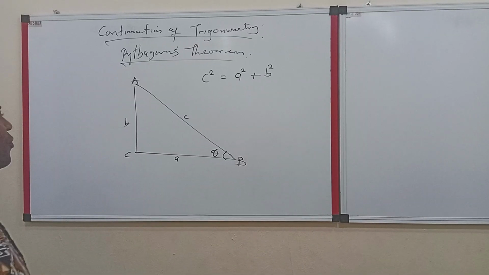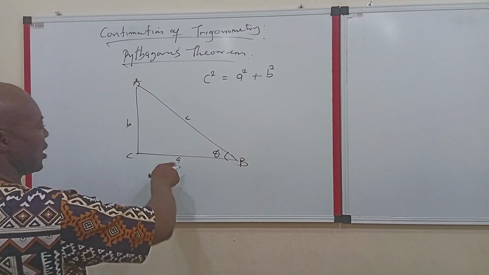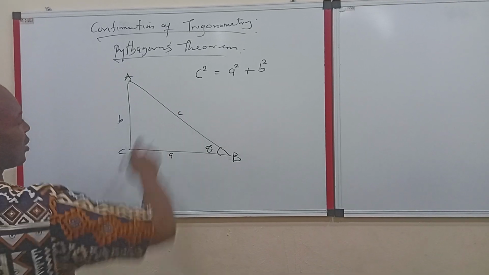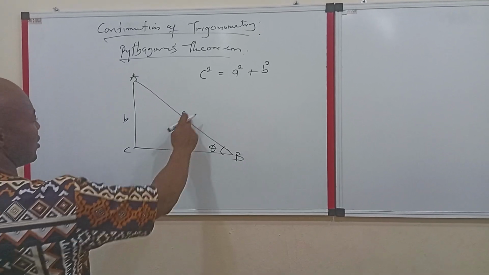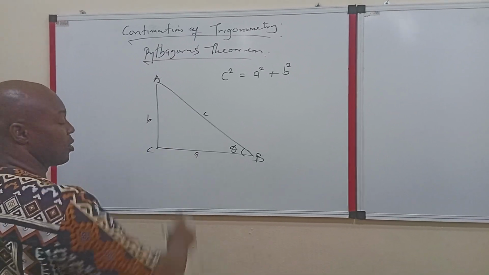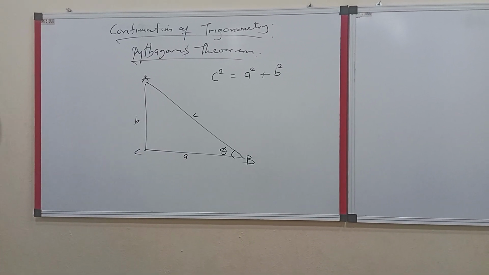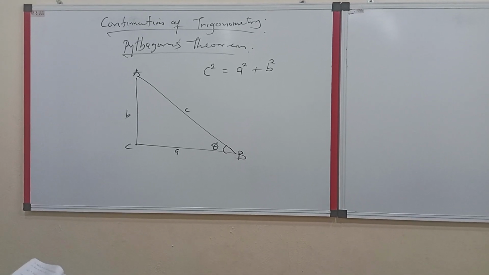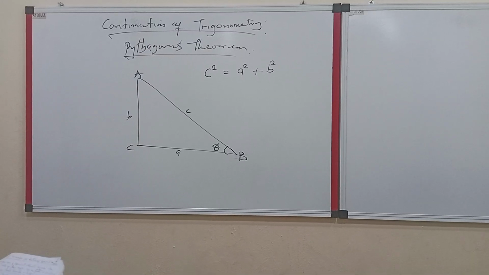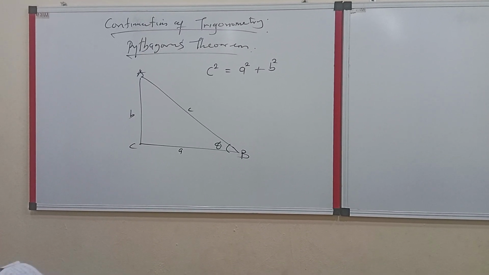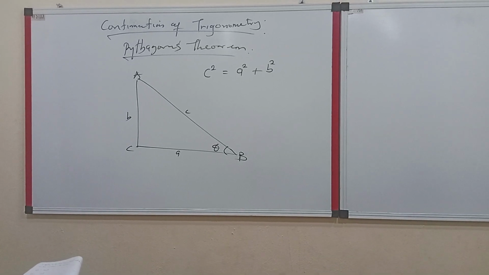So if this and this are given, you will be able to determine the other with this formula. It says the square of the hypotenuse is equal to the sum of the squares of the other sides.